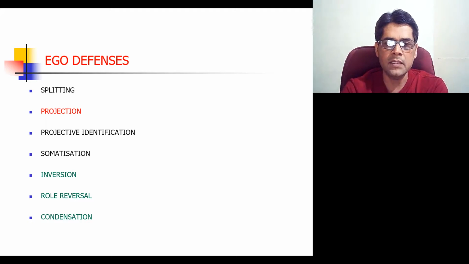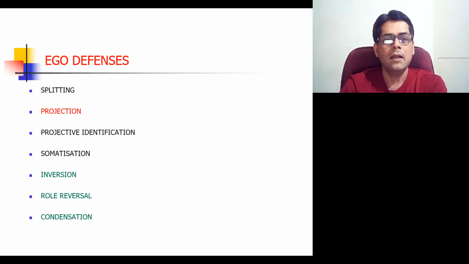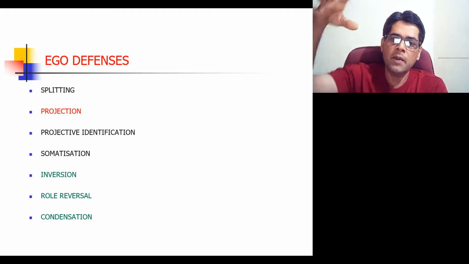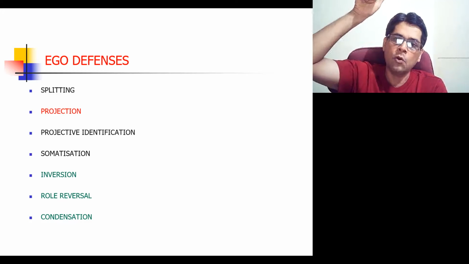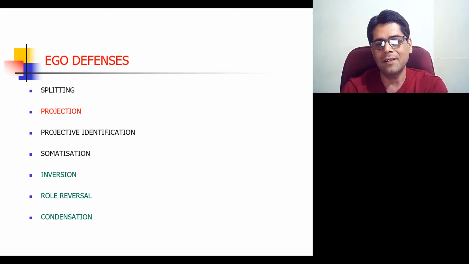One defense is inversion. You see something upside down. For example, in your dream, you see a situation where the building is upside down and the roads are above and the cars are sticking to the roads upside down.